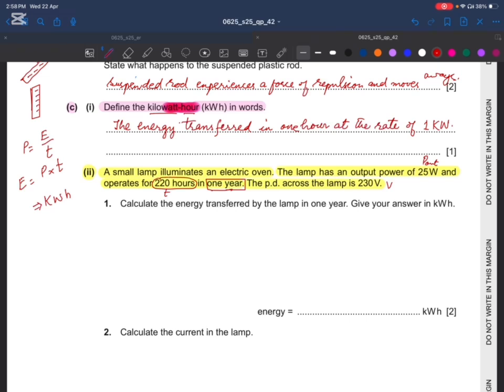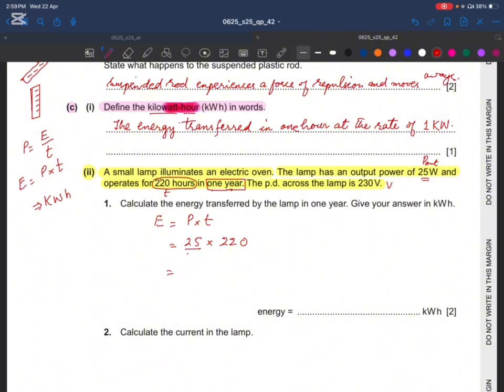And what they are saying: calculate the energy transferred by the lamp in 1 year, give your answer in kilowatt hour. So simply energy is nothing but power into time. What is the power? 25. What is the time? 220 hours. But one thing which is very important: if you want to convert the unit, you have to change this watt into kilowatt. So how will you do this?